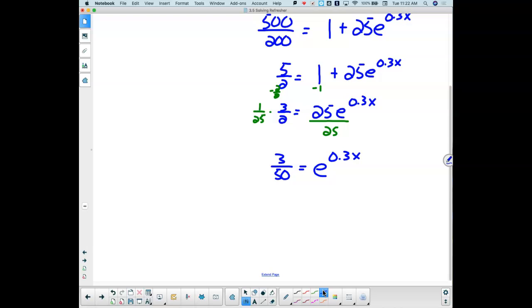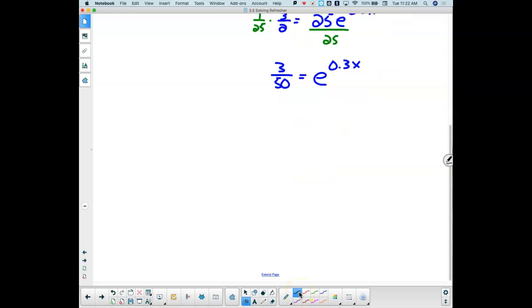Now we convert it to natural logs. Okay, so what do I get? The natural log of 3/50ths equals 0.3x.